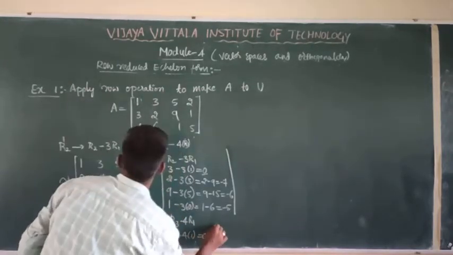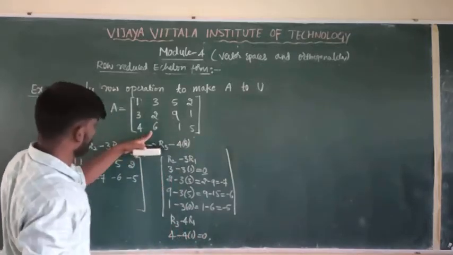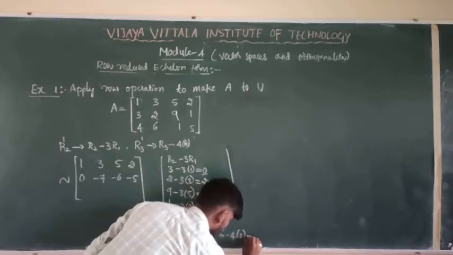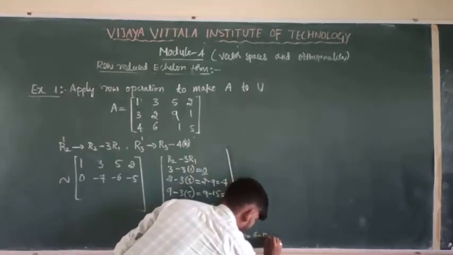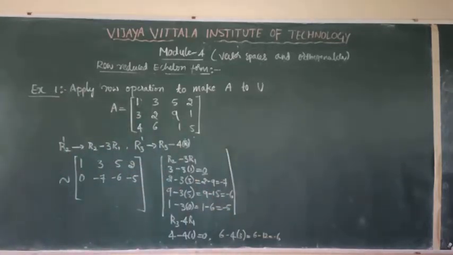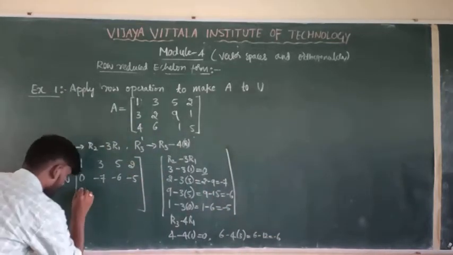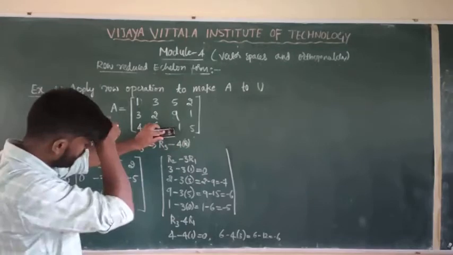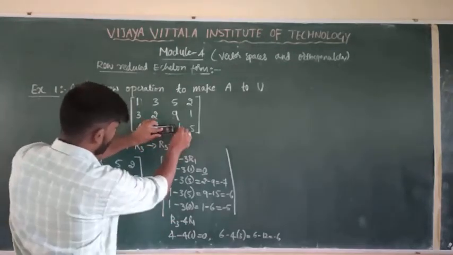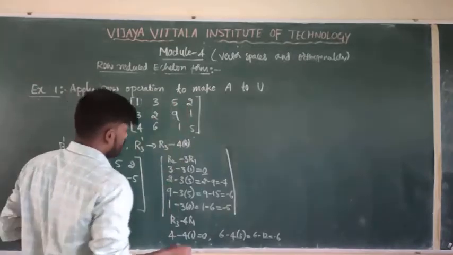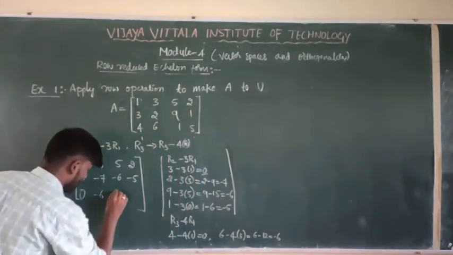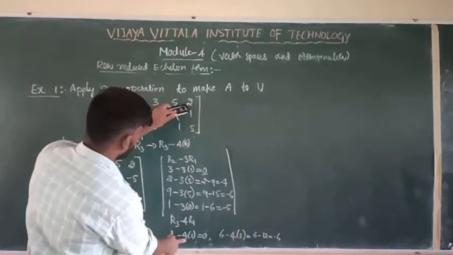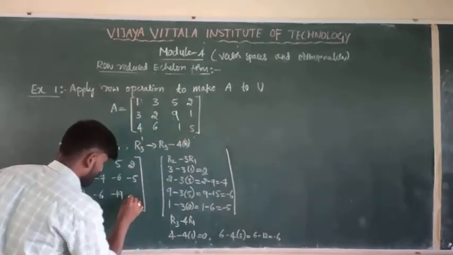And the next element, R3 is 6, and 6 minus 4 into 3 gives 6 minus 12, minus 6. Then 9 minus 4 into 5 gives minus 11, and R3 5 minus 4 into 2, which is 8, 5 minus 8 gives minus 3.